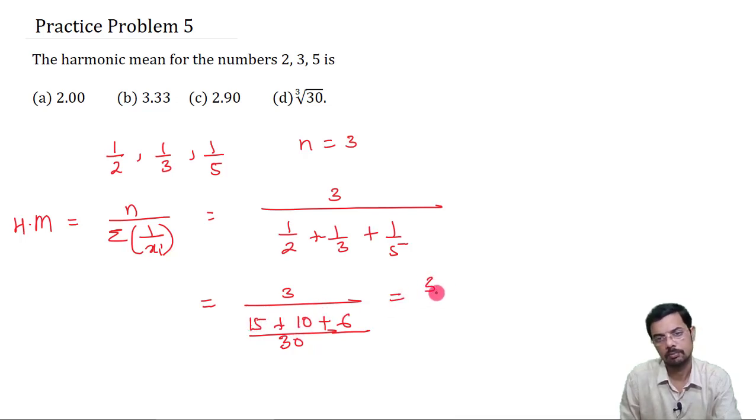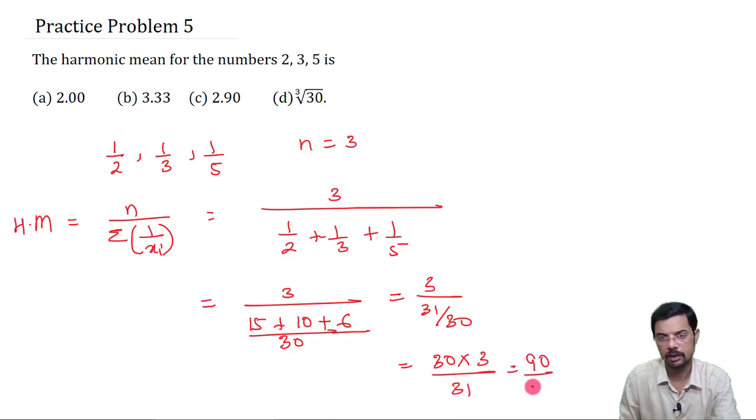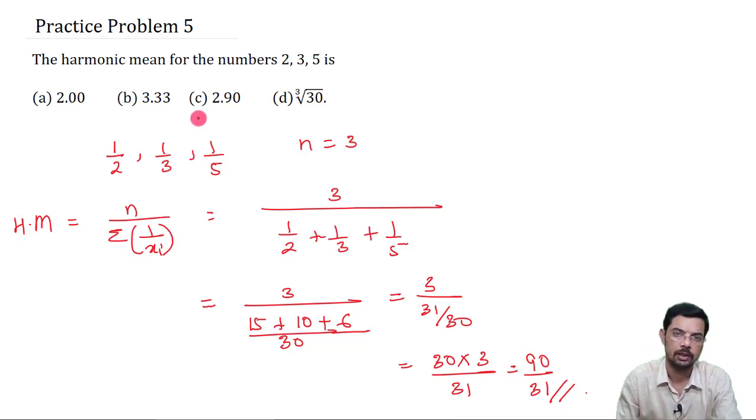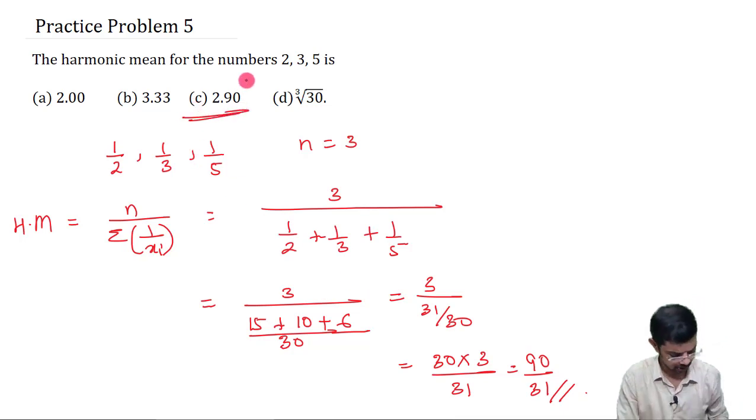That is equal to 3 by 31 by 30. So this can be taken above: 30 into 3 divided by 31, that is equal to 90 divided by 31. What is 90 divided by 31? It will be 2 point something, 2.90. Answer should be C, 2.90.